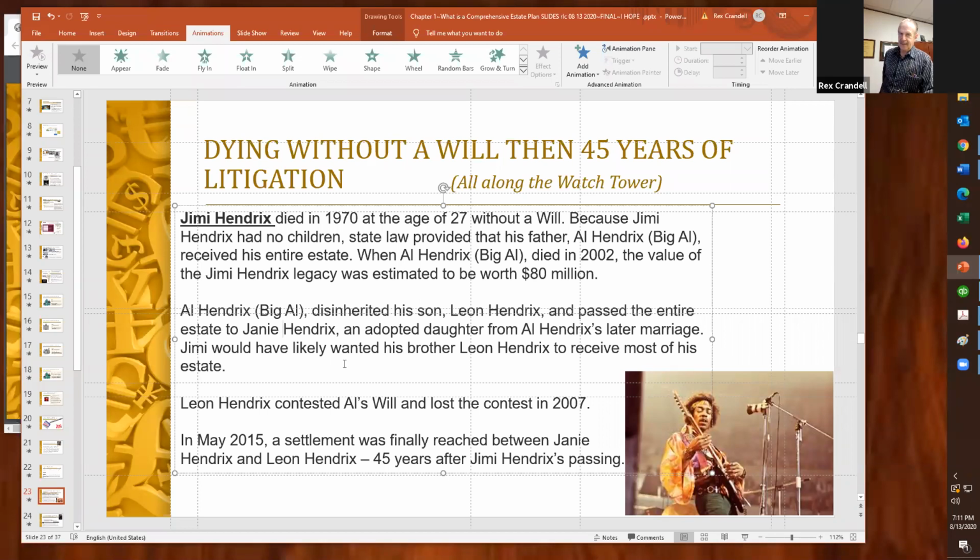So Leon, the brother, was cut out. And what ensued was 45 years of litigation. You know, that's longer than the normal probate. But they finally came to an agreement 45 years after his passing.